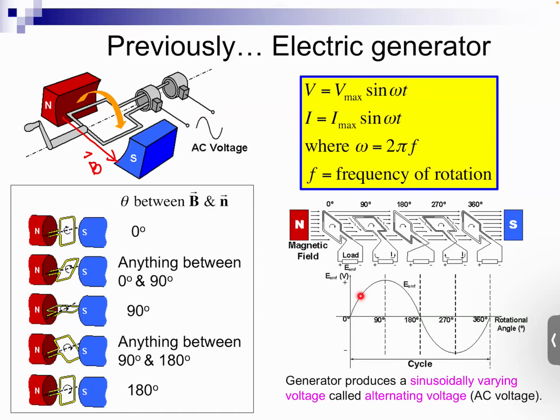And we learned that the induced EMF that's generated is sinusoidal in behavior as shown in this graph, and hence we call that an alternating voltage.